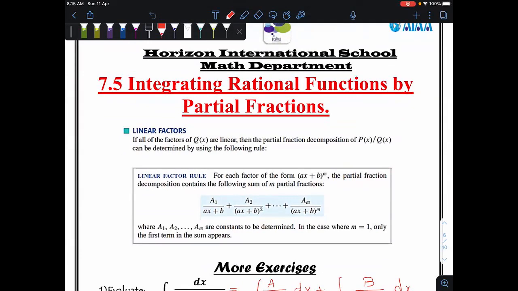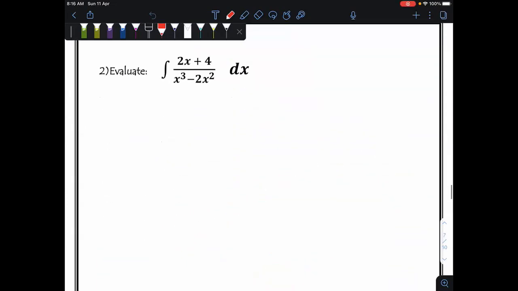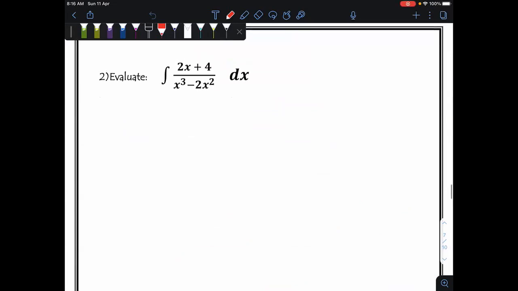If you have ax plus b, like 3x plus 4, like x minus 7, like any linear factor, we write A1 over ax plus b. We can write A and B and C. If it's repeated, the same, no problem, okay? I provide you with the table of partial fraction decomposition.